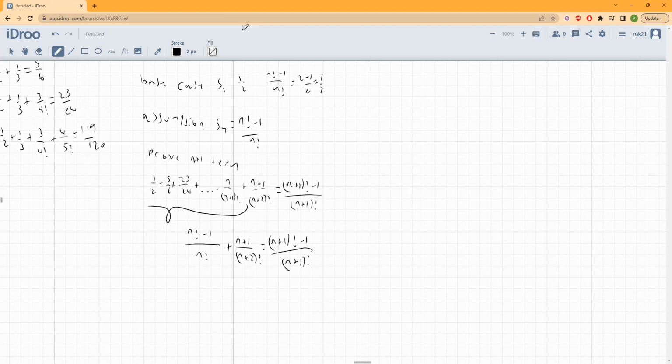So then what we can do is I'm going to make it the same denominator, n plus 1 factorial, to add them. So we're going to get n factorial minus 1 times n plus 2 factorial plus n plus 1 times n factorial over n factorial times n plus 2 factorial.